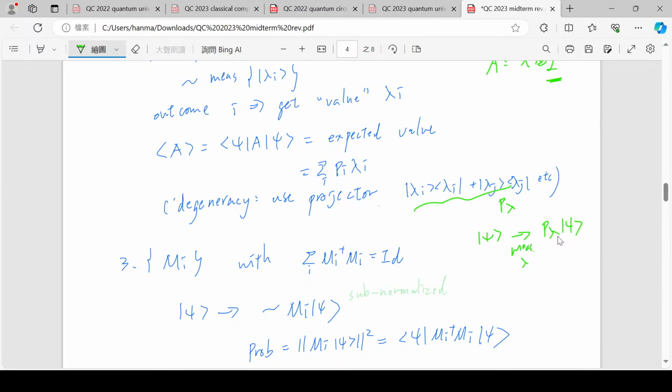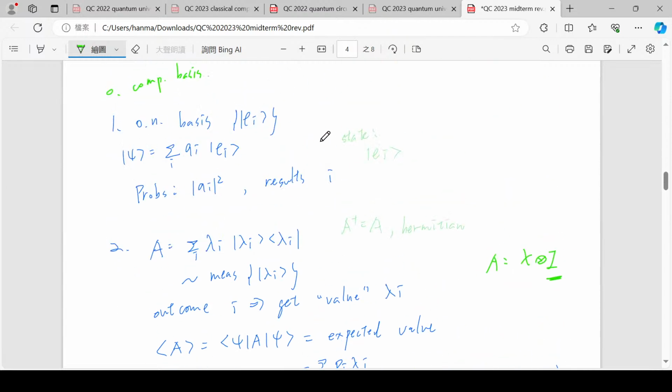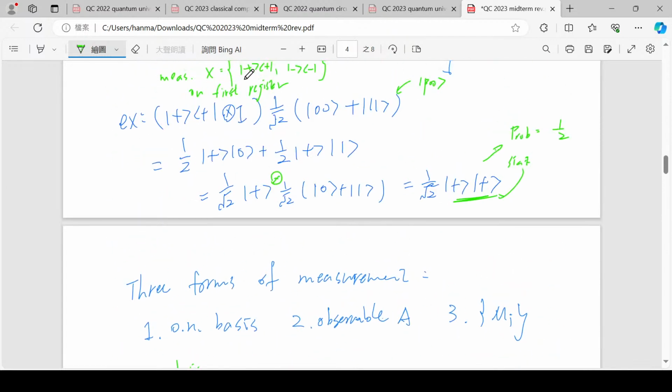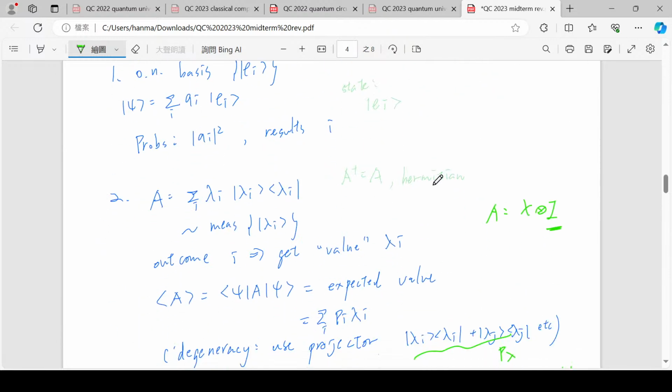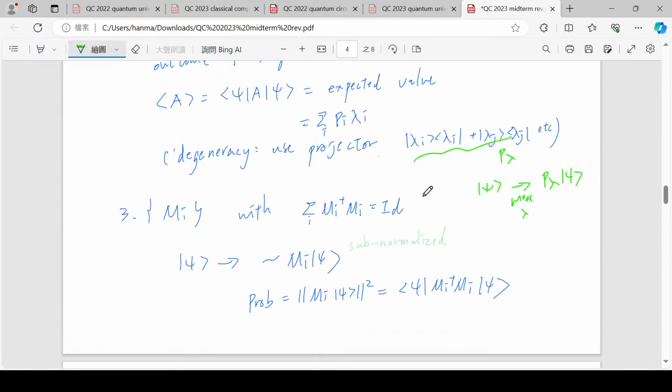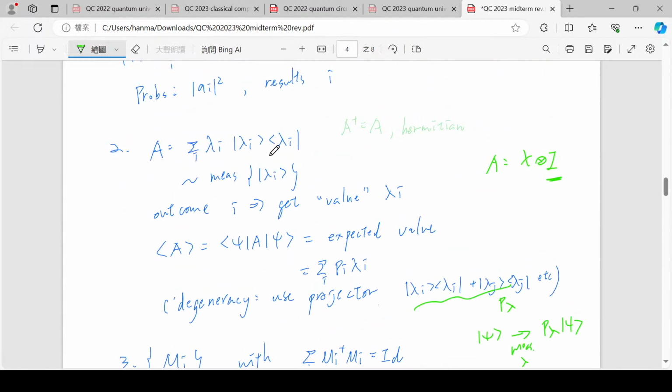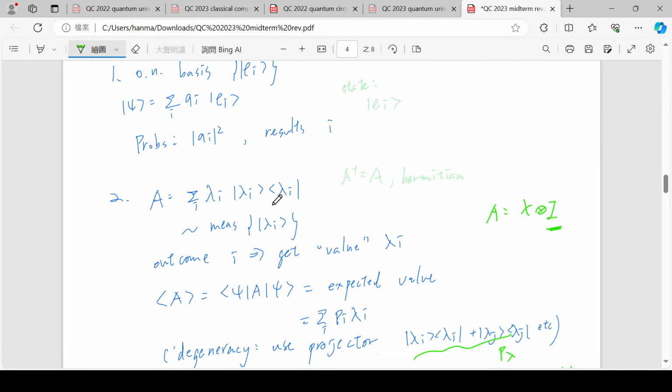That's what we mean. So that's the thing happening here. Measuring lambda equal to +1, your psi becomes the projector onto the +1 subspace of your state.